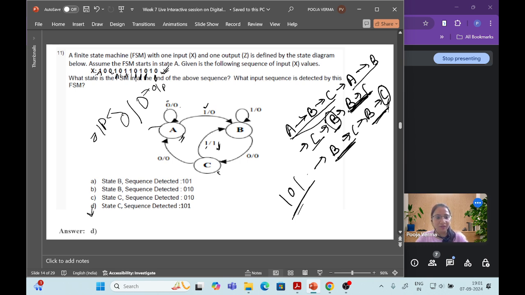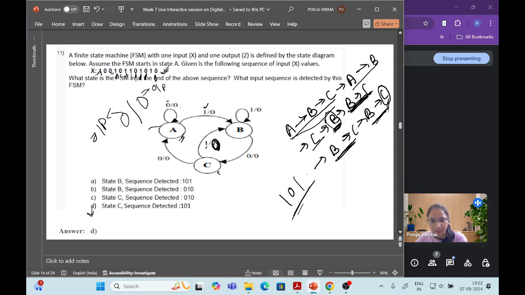Here the sequence will break: ABC, then ABC, then it must go to A, but here the sequence will break, but the sequence continues to BC, BC and BC. Okay. So when the FSM detects the sequence, the output will be 1. So we can see that here only the output is 1.